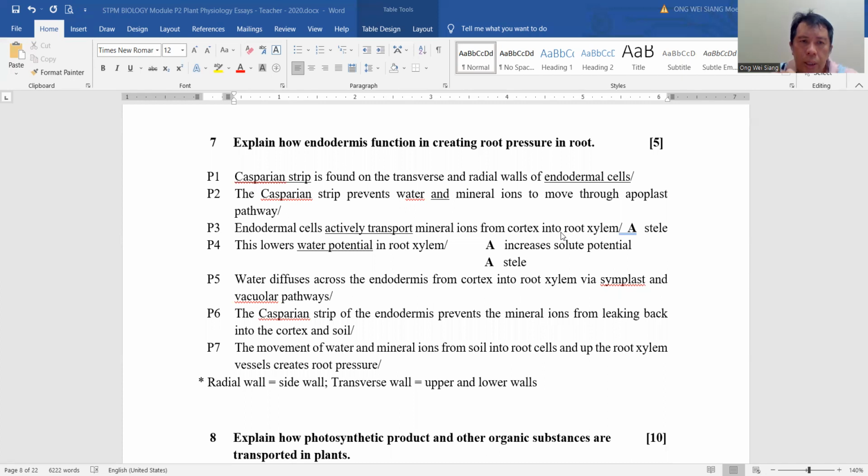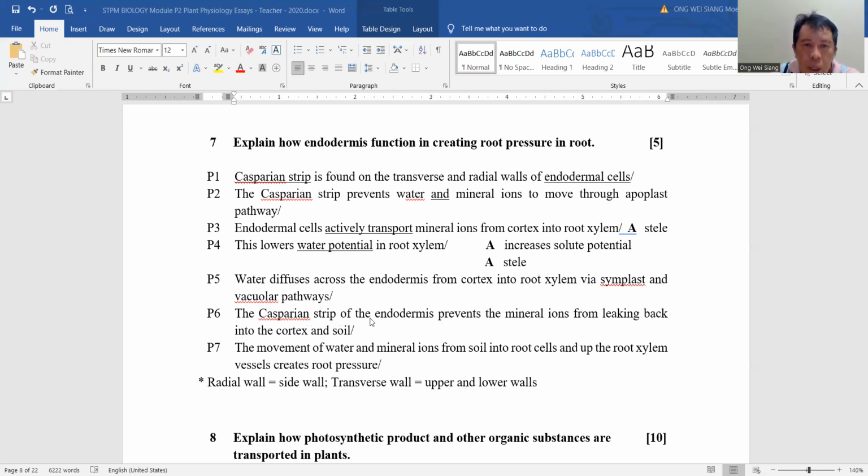This will decrease the solute potential of the root xylem, or lower the water potential. Depending on whether you want to use water potential or solute potential, if solute potential decreases, water potential is lower. So water diffuses across the endodermis from the cortex into the root xylem via the symplast and the vascular pathway, only symplast and vascular pathway, through the endodermis.